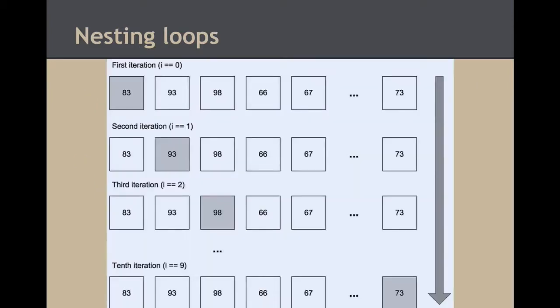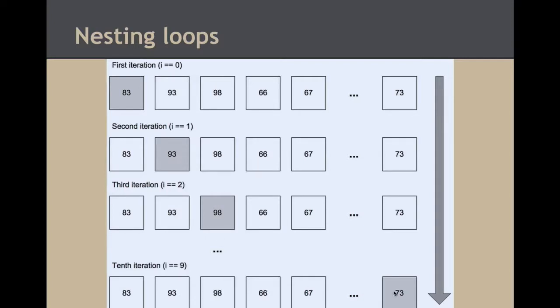First of all, in one of our earlier examples, we went through and we asked the user to input 10 different grades. Okay? And so in the first iteration of the loop, we got that first grade from the user. And then in the second iteration of the loop, when i was 1, we got the next grade from the user. In the third iteration, they typed in the third grade.